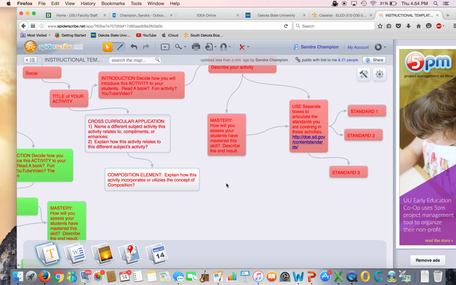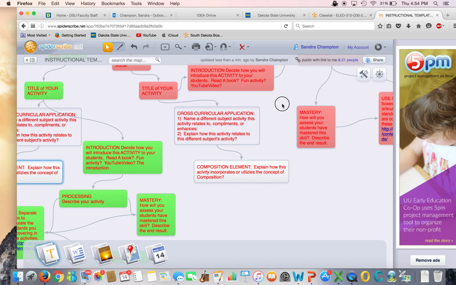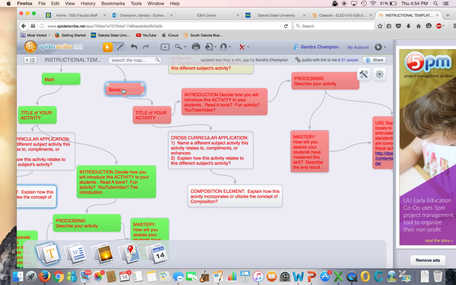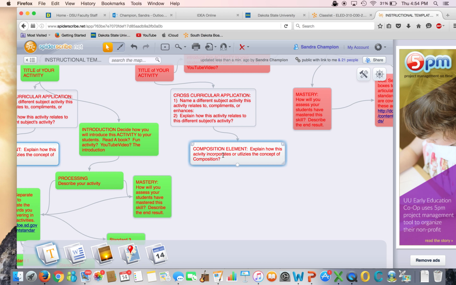And if you have that, where you have your standards that use a history activity is using a language arts, well, there you have your cross-curricular application for this box. In language arts, we are going to be writing about the person we're studying in social studies. There's cross-curricular. And how are you going to use composition in your history?